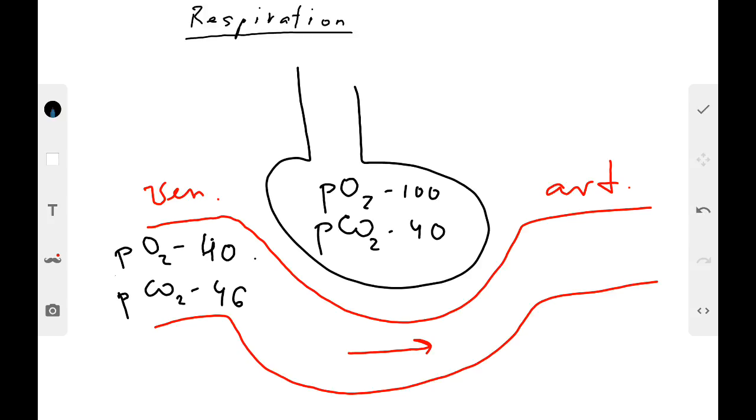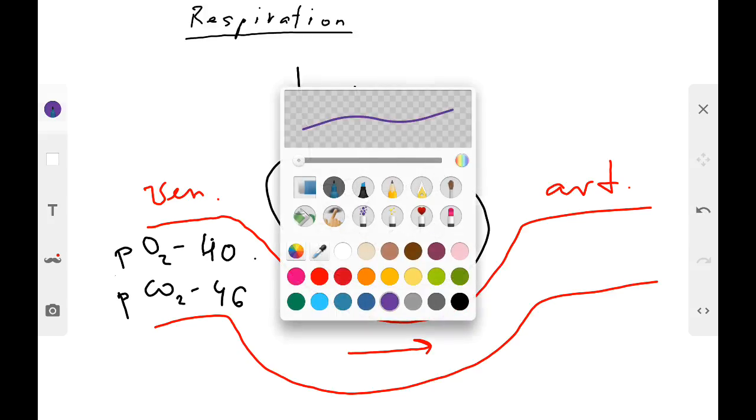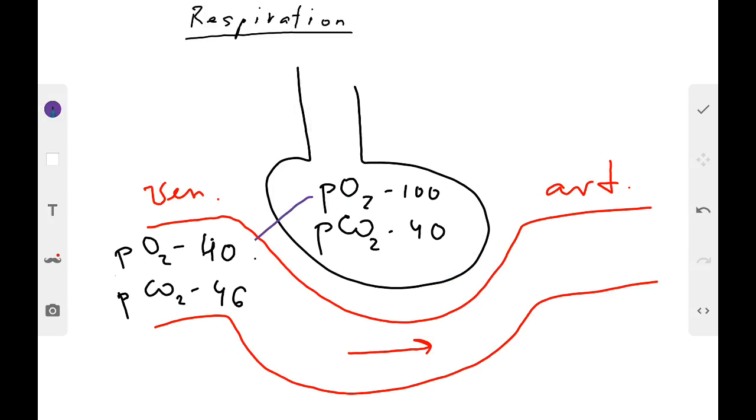So we have simple diffusion. What happens? Oxygen goes to the bloodstream, carbon dioxide is released through the aerohematic barrier. It's very simple, it diffuses very quickly. And in the arterial part of the blood vessel, we have partial pressure of oxygen 100 and partial pressure of carbon dioxide 40.